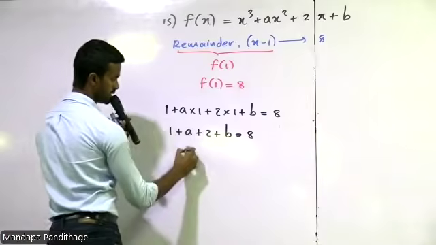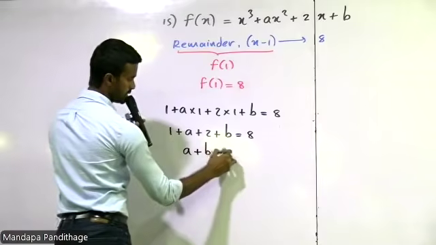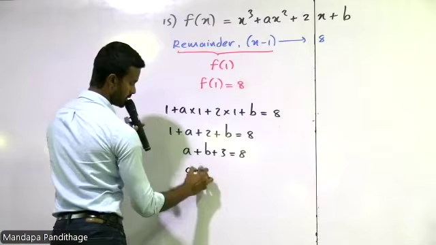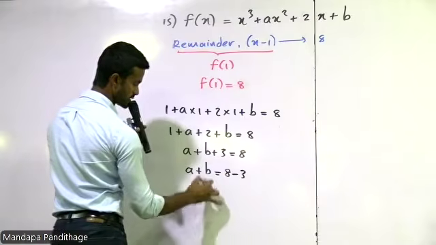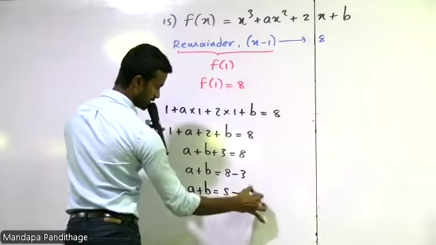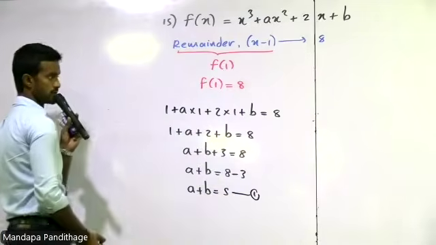It's 3. So a plus b is equal to 8 minus 3. So I get a plus b is equal to 5. So that is my first equation.